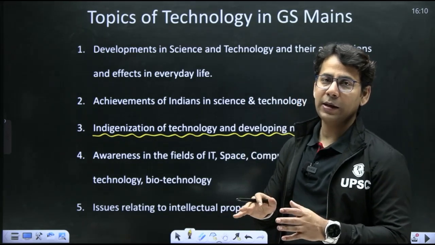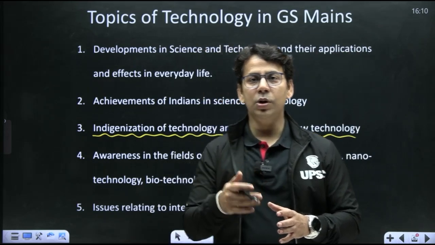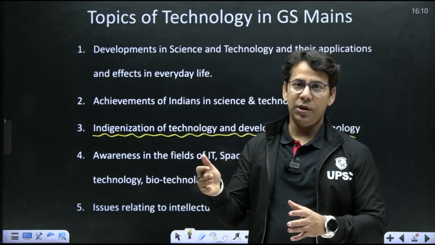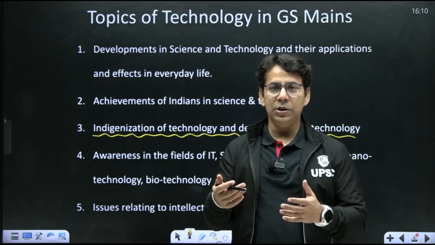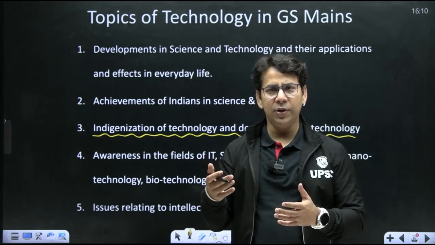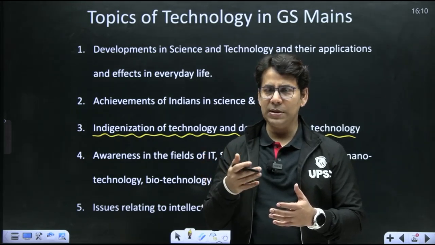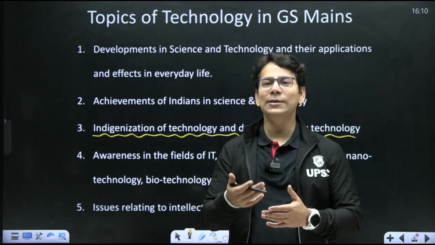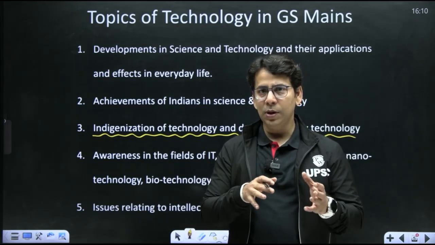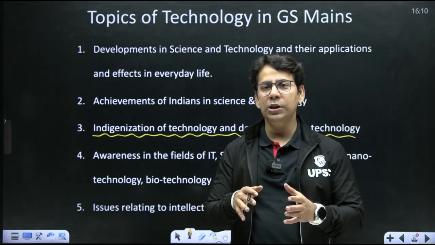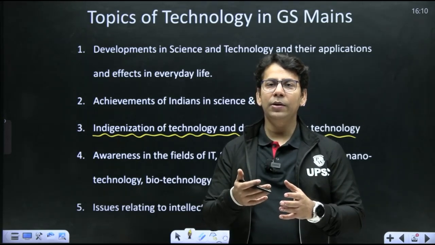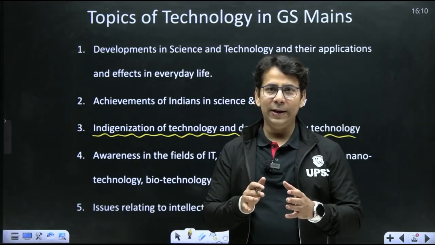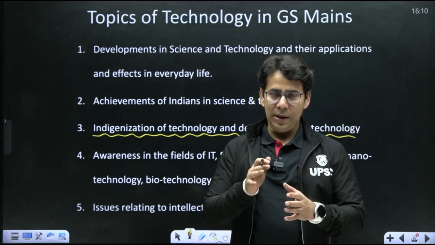For example, let's say we are going through the National Quantum Mission, and quantum technology is a very upcoming technology. So it is very much in current affairs, right? They have asked a question in the prelims examination also, and next, quantum computing and quantum technology can appear in the main examination. When it appears, you should know that India is already going through the National Quantum Mission.